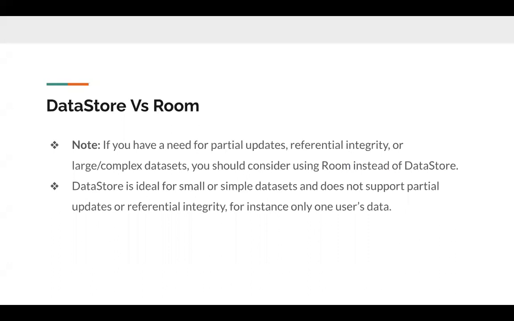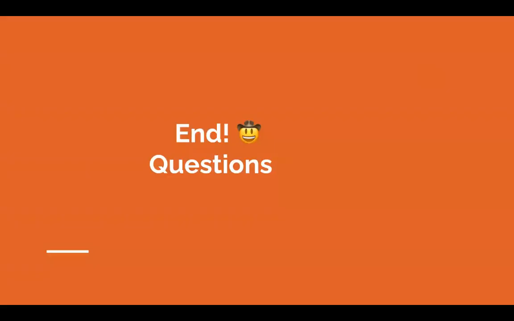If you need to store complex data sets, things like a number of tables with foreign keys, that is when we talk about referential integrity, or you want partial updates and all that, consider using Room instead of DataStore, and use DataStore for simple data sets. So that brings me to the end of today's session.